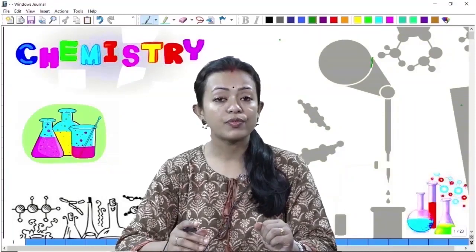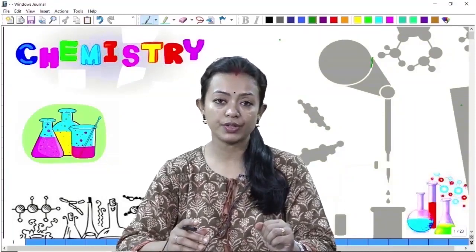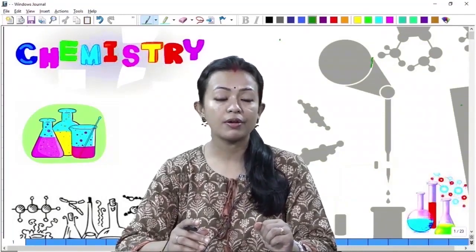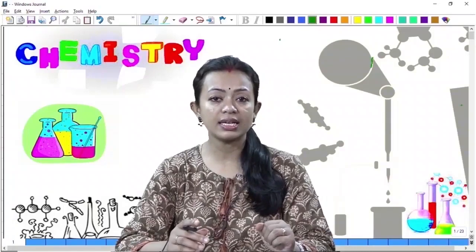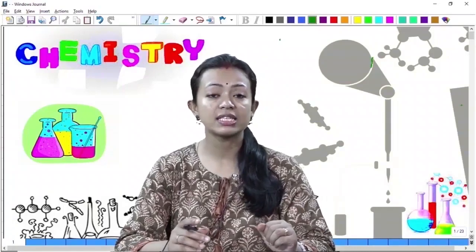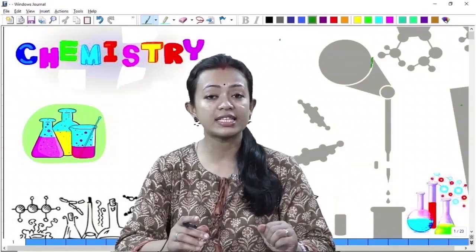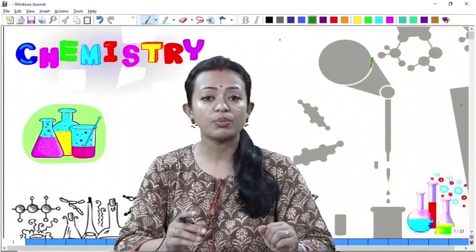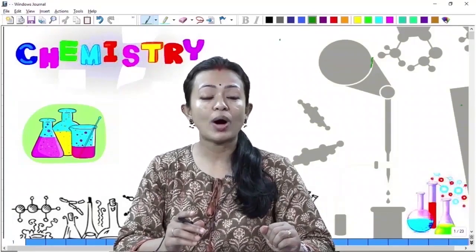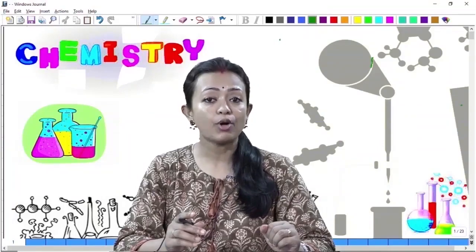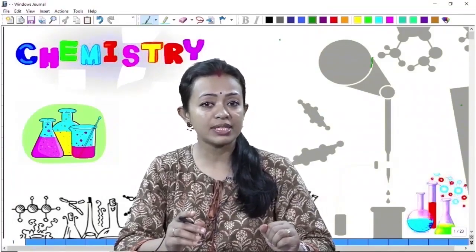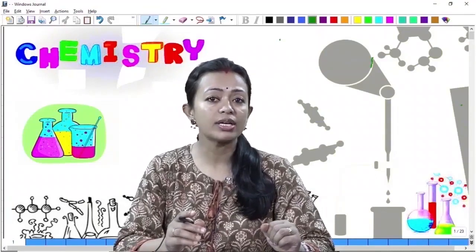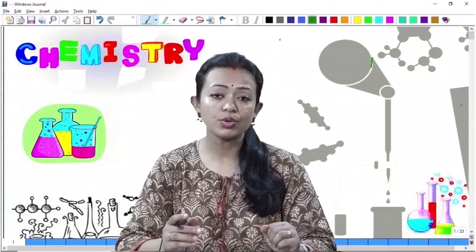Or if you filter it, you will not be able to separate them, because both form a homogeneous mixture with the solvent water. So until and unless we get the differences in the properties, we will not be able to identify the properties of the particles and separate them distinctly. Now let us carry on into our discussion.